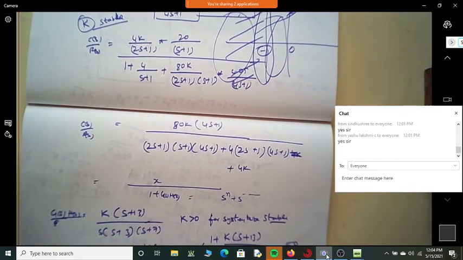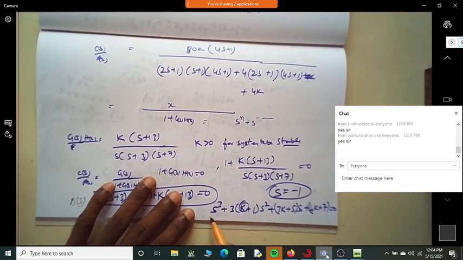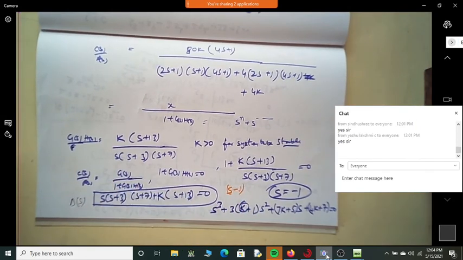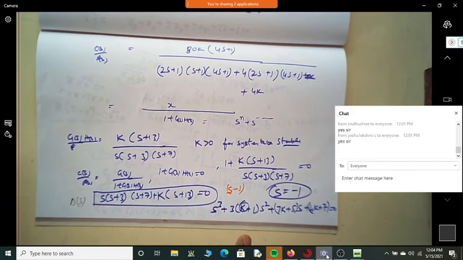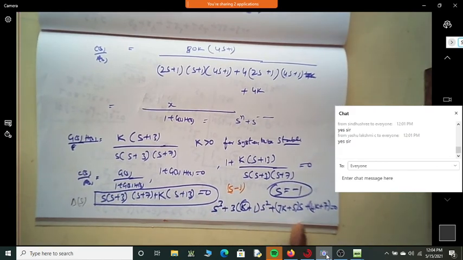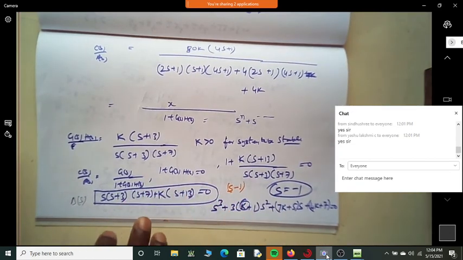That can be found by replacing all these s by s minus 1. You rewrite the characteristic equation, find the value of k, and that will be the solution.